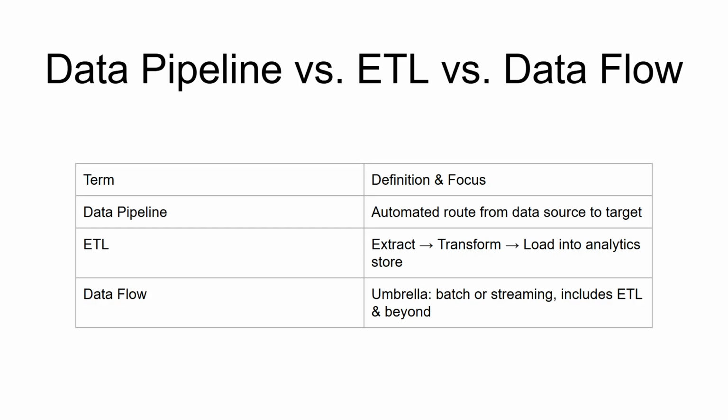You extract data from source systems, transform it for analysis, and load it into a data warehouse. And data flow is an umbrella concept. It covers both batch and streaming, ETL and beyond. In practice, you might build an ETL pipeline inside a broader data flow framework that handles real-time event routing.